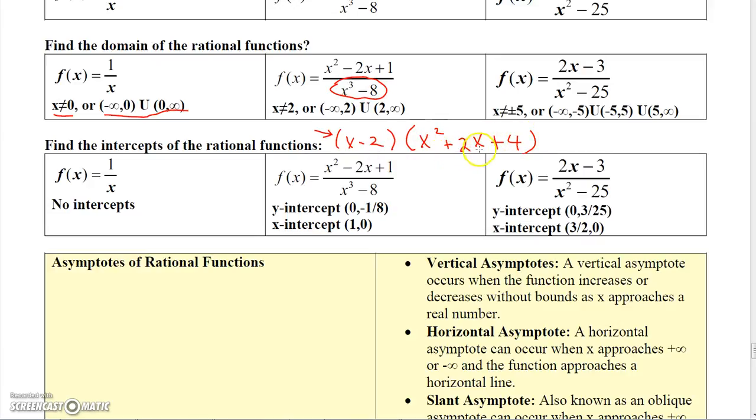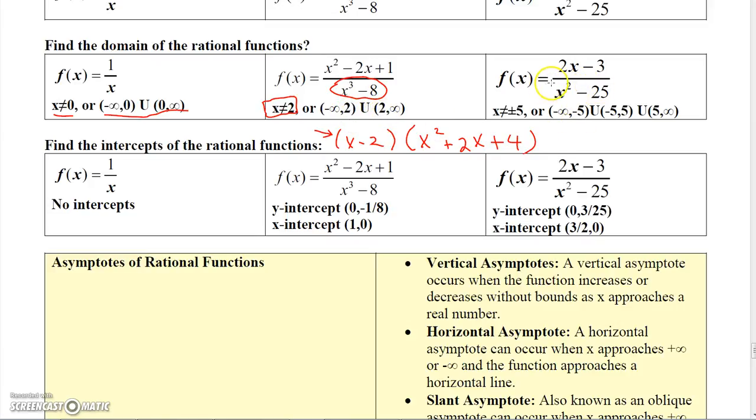Well, this trinomial will not factor over the reals, so there's no real solutions if we set that equal to 0. But x minus 2, what makes it equal 0 is just x equal 2. So x cannot equal 2 here because that would give us 0 as the denominator. In interval notation, negative infinity to 2 union 2 to infinity. Notice that we don't include 2 in those.